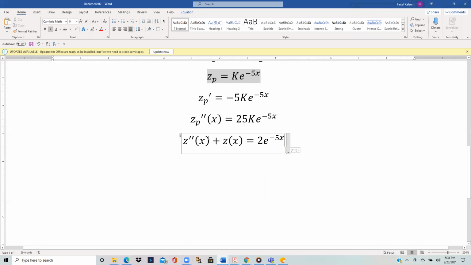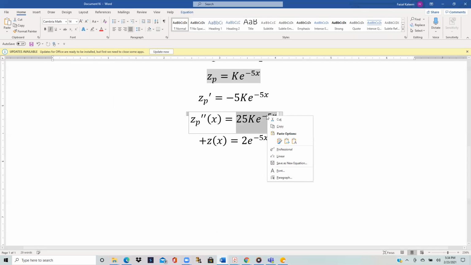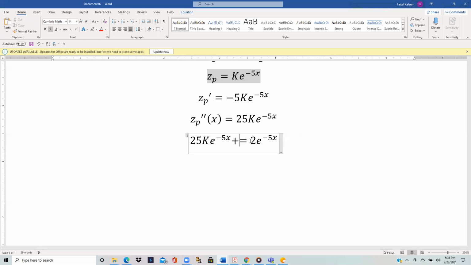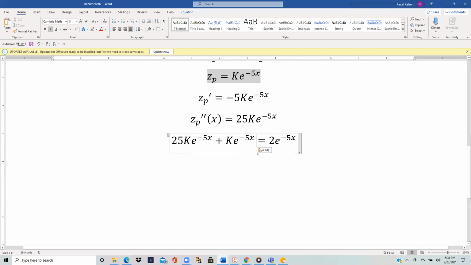So z double prime is 25k e to the negative 5x, plus z which is k e to the negative 5x, equals 2e to the negative 5x.